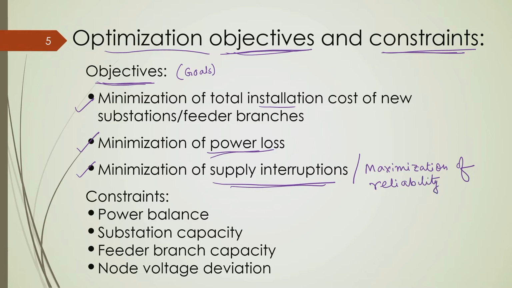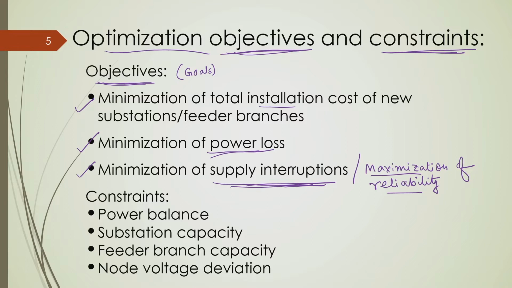If you can minimize interruptions, then you can maximize reliability, which is another objective for power distribution system planners, so that customers can enjoy uninterrupted power or electrical supply from a reliable network.